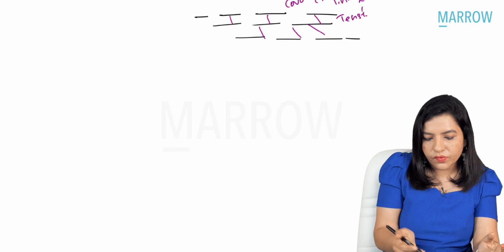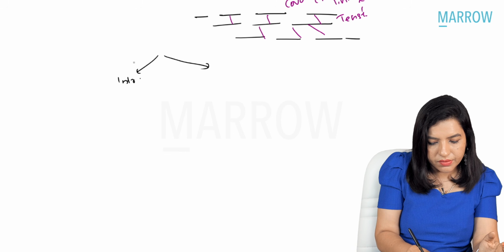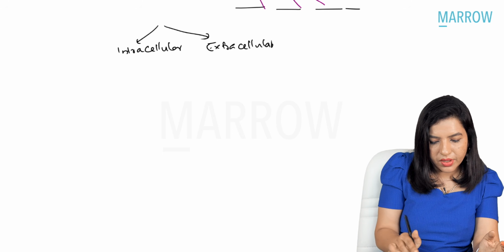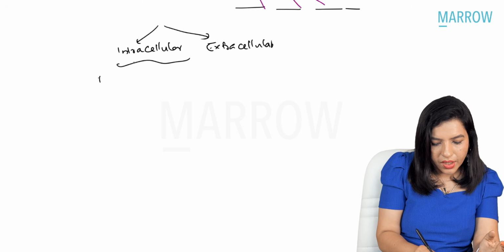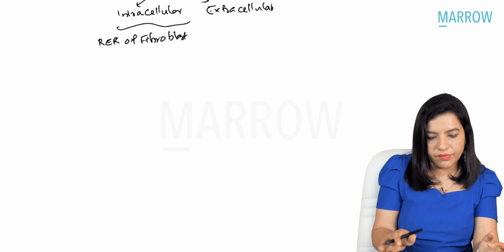In the synthesis of collagen, what we should understand is that there are two phases: intracellular and extracellular. In the intracellular phase, the cell involved is the fibroblast, and the rough endoplasmic reticulum is the site where the intracellular events are happening.